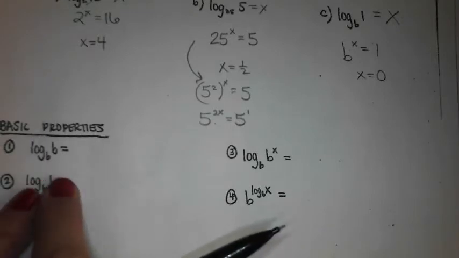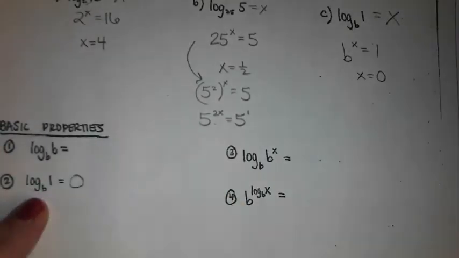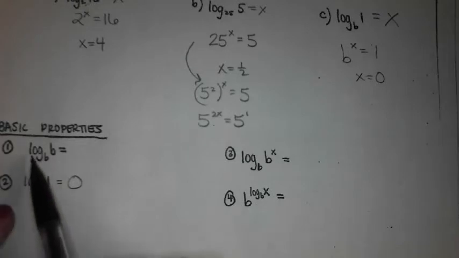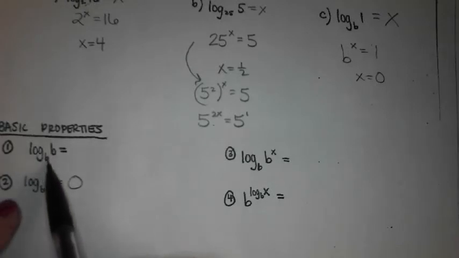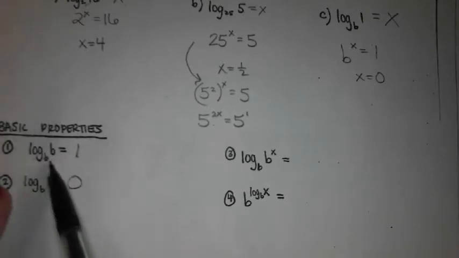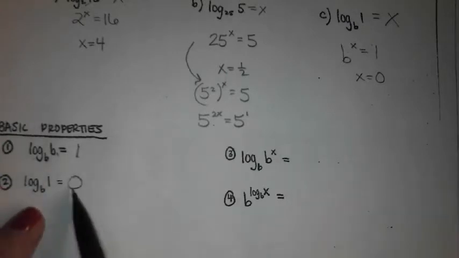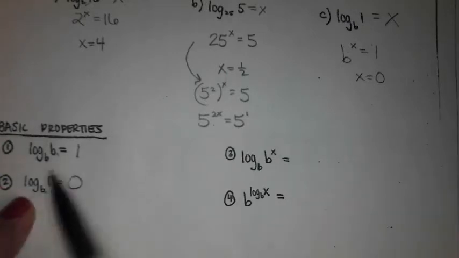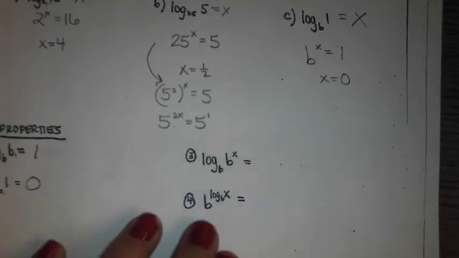The log of 1 is always 0. Log base b of b is always 1. And you can check your exponent translation. B to the first equals b. That makes sense. B to the 0 equals 1. That makes sense. What's this one?